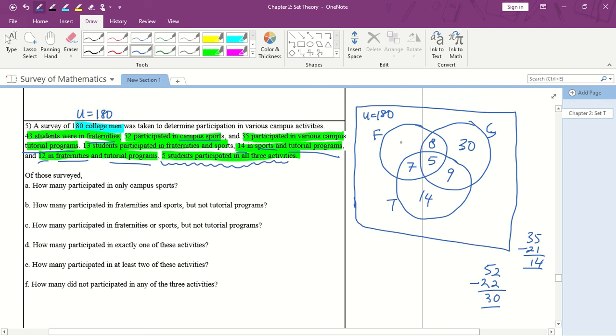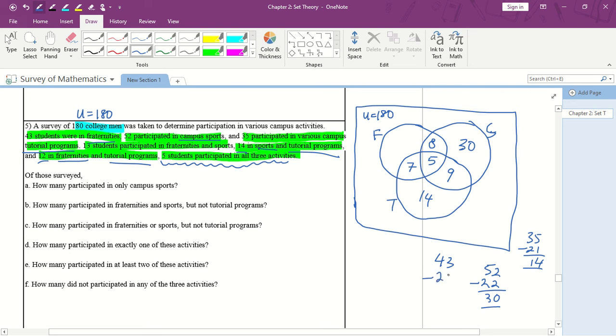And the next one, 43 students were in the fraternities. So 43 represents the whole thing, and here we have 8, 5, 7. So we need to use 43 to minus 8, 5, and 7. 8 plus 5 is 13, 13 plus 7 is 20.